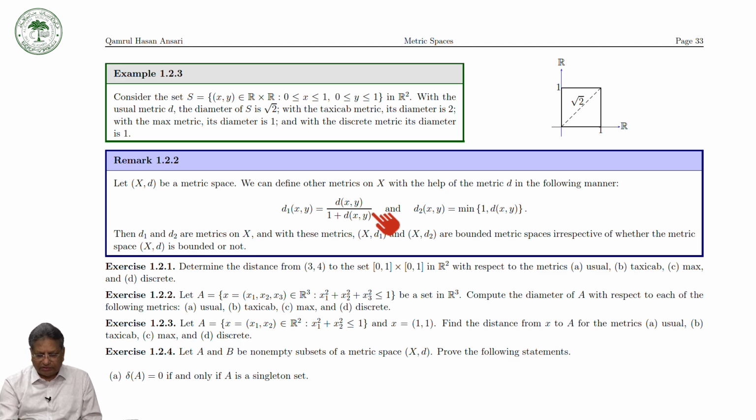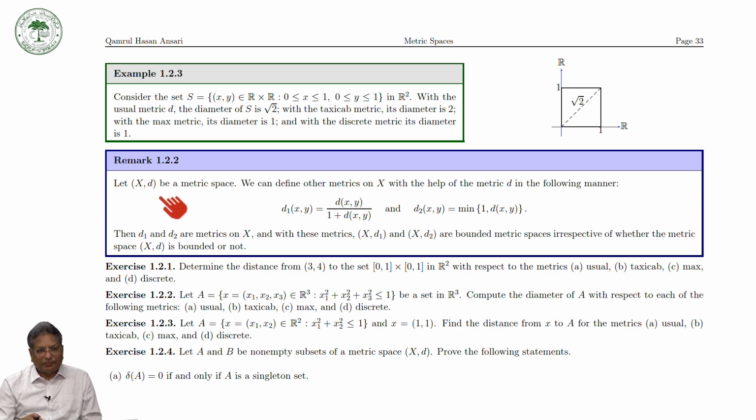In other words, (X, d1) and (X, d2) are bounded metric spaces, irrespective of whether the original metric d is bounded or not.